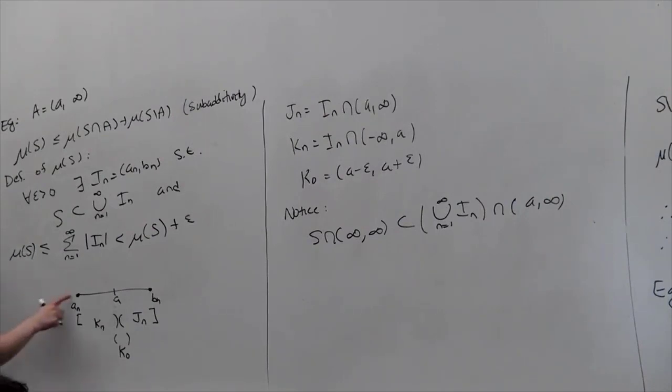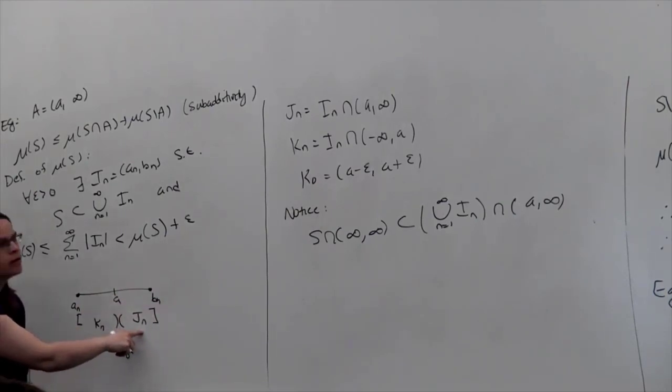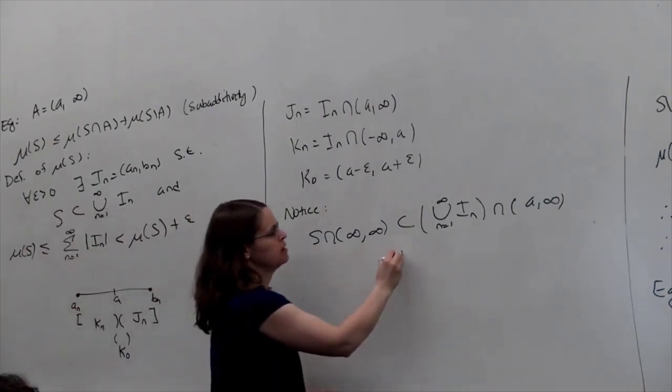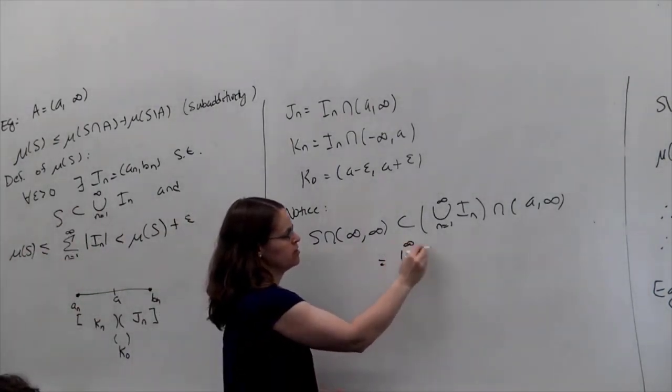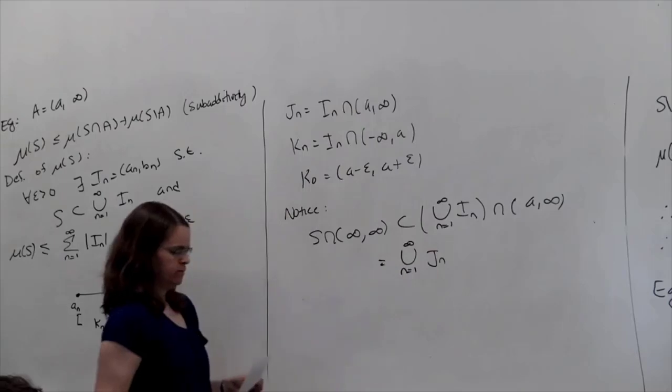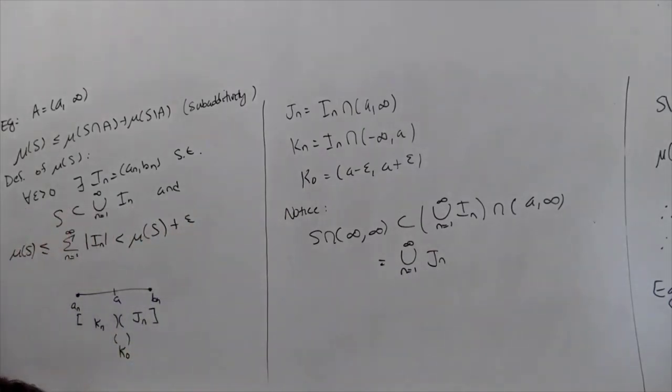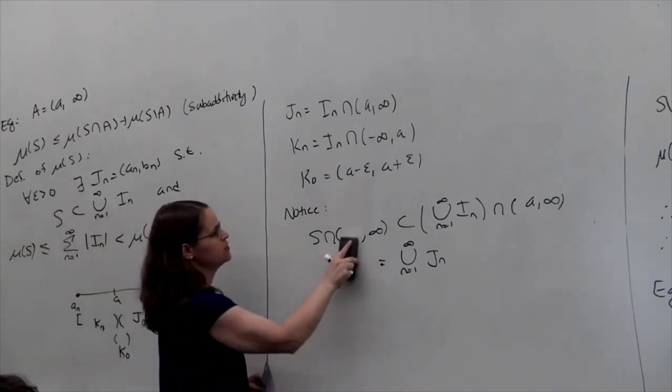If this is my different I_n, and now I'm intersecting it with just the part that's bigger than A, I'm just going to get J_n. So this is really just the union of all of my J_n's. Infinity to infinity, that should be A to infinity.